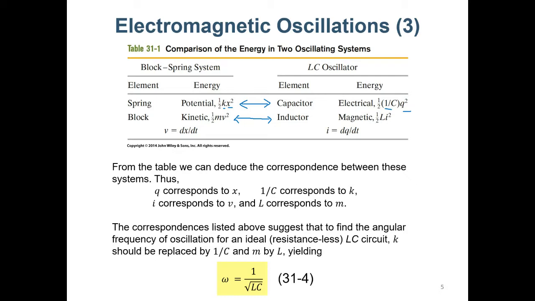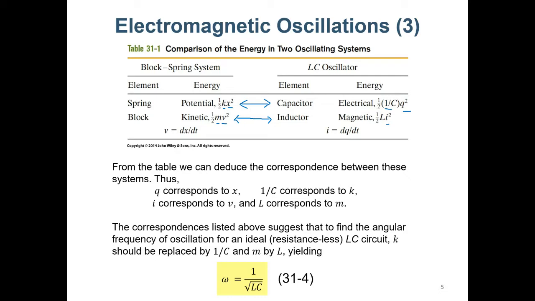So you can regard v as the i in this case, and actually the derivative of X is v, so we have v here, and the derivative of charge is the current, so we have Q here and i here, and then L corresponds to the mass, something like this, so that we can make the analogy between the spring mass system and the LC oscillator.